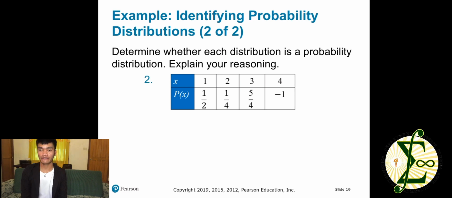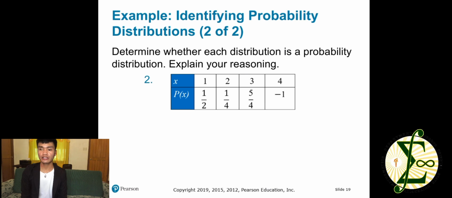Let's find out if it satisfies the first condition, that all the probabilities must lie between 0 and 1. 1/2 lies between 0 and 1 because 1/2 is equal to 0.5. 1/4 lies between 0 and 1, which is 0.25. 5/4 is not within the range because 5/4 is equal to 1.25.